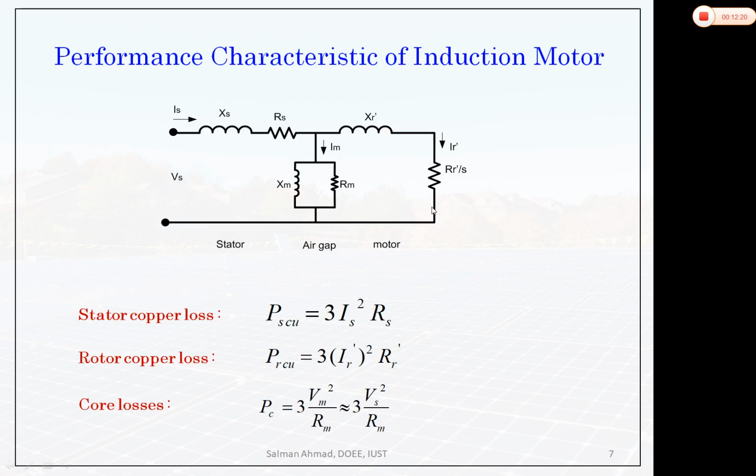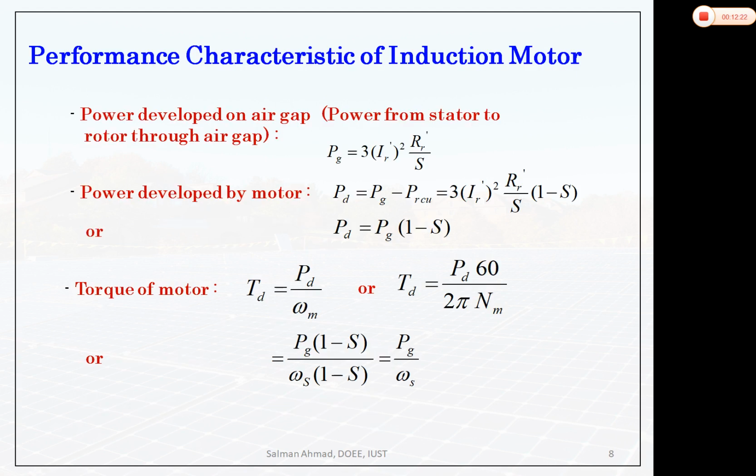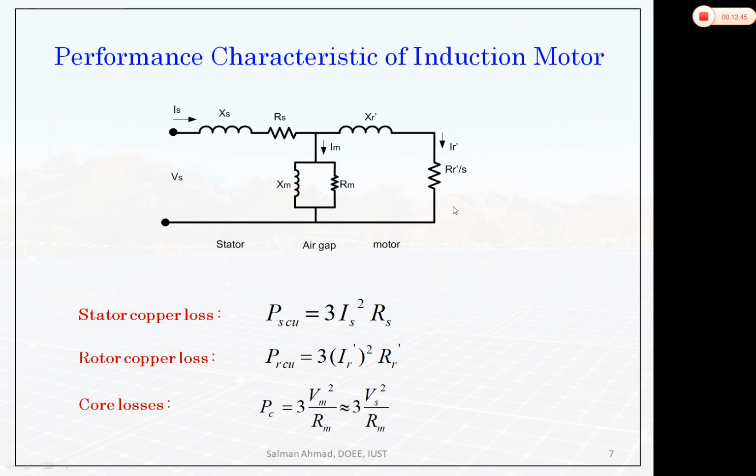So you can see here, the gap power is 3 Ir prime square Rr prime upon s. Rotor copper loss was 3 Ir prime square times Rr prime. Now subtract that, you will get this value. So developed power, you will find, is gap power times 1 minus s. So this part you can see.